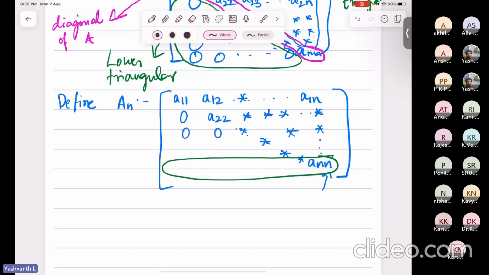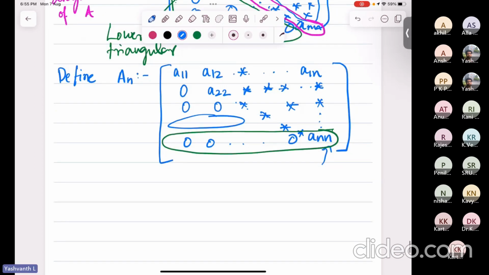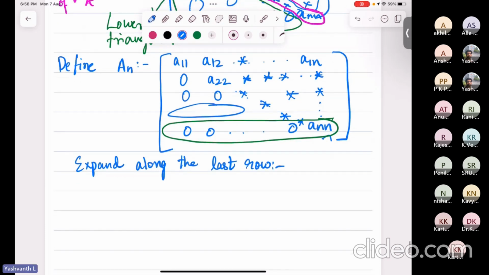The last row contains only one non-zero element. The trick is as follows: expand along the last row. So what happens?